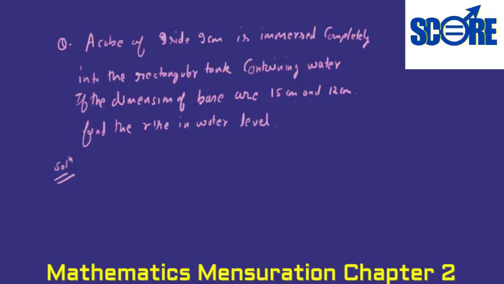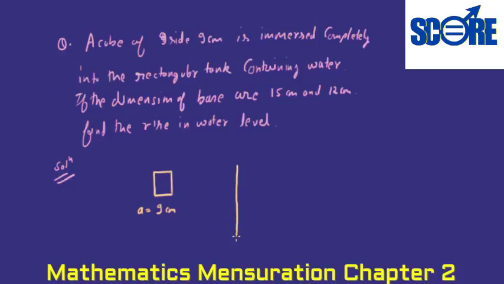So in this question, we are given a cube of side 9 centimeter. Let's say this is a cube of side 9 centimeter. And we have a rectangular tank that is in the shape of a cuboid. A rectangular tank is nothing but a cuboid.